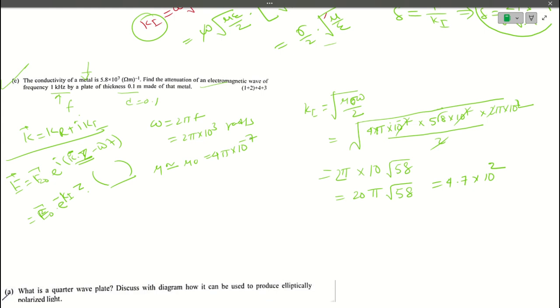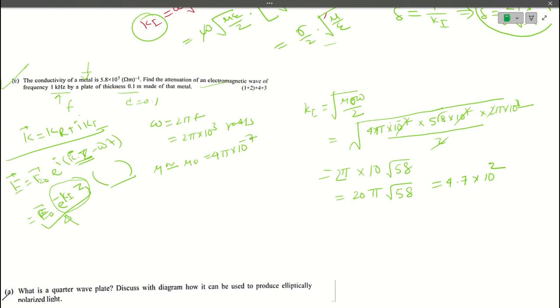Okay, so this is basically the amplitude term of a damped wave. So this term e to the power minus ki into z is called the amplitude of the attenuation. So how much the wave is attenuated, this value gives that sense.